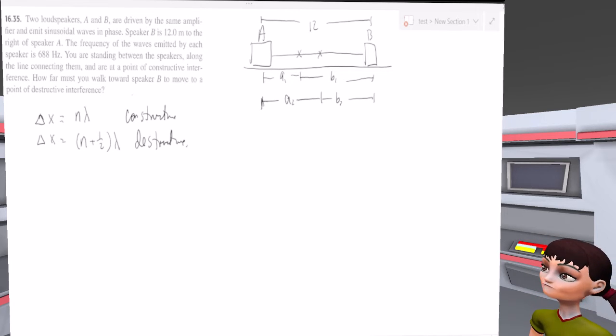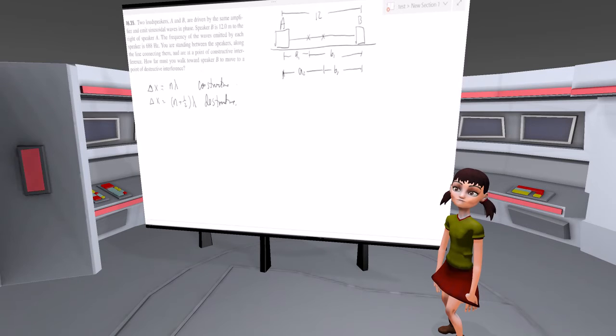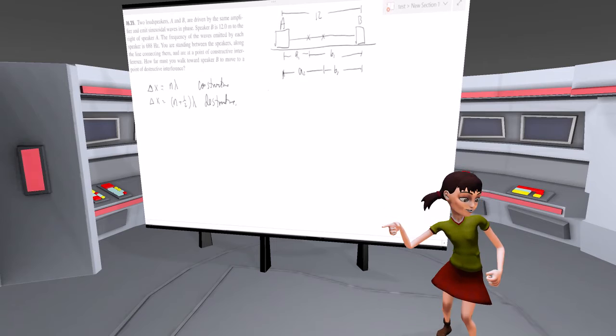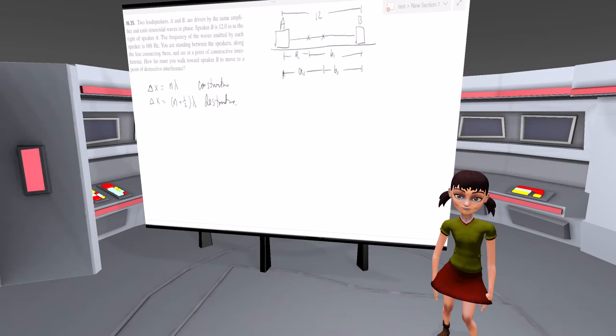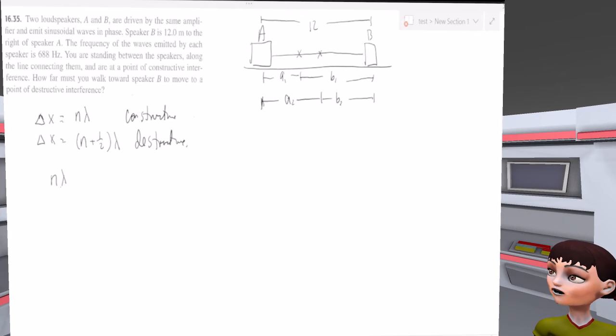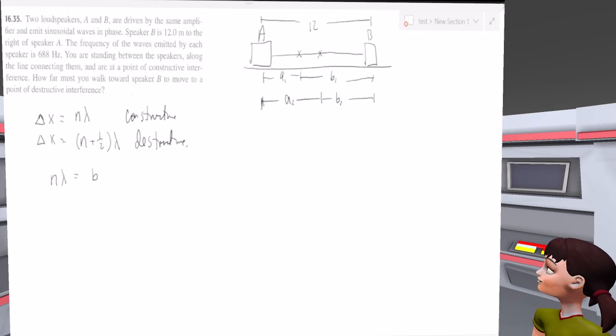So, what is this? Delta x. We are told that at first you are at a position of constructive interference. So this is my B1 minus A1.